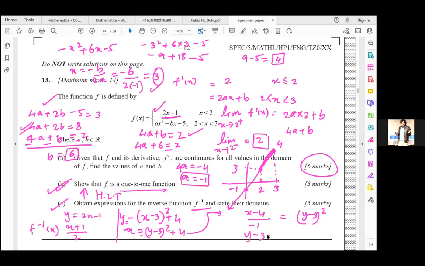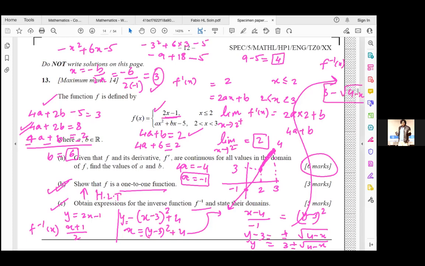So y minus 3 equals plus or minus the root of 4 minus x, and then y is 3 plus or minus the root of 4 minus x. Out of this, I'm going to take the minus sign because I have retained the left side of the vertex. So my final expression for the inverse in this case will be f inverse of x equals 3 minus the root of 4 minus x.